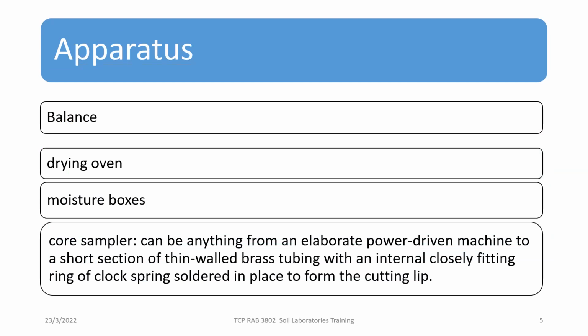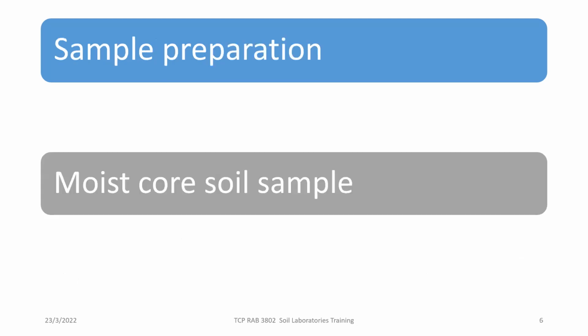For the apparatus: balance, drying oven, moisture boxes, and core sampler. And the core sampler can be anything from an elaborate power driving machine to a short section of thin-walled brass tubing with an internal closely fitting ring of clock spring soldered in place to form the cutting edge.